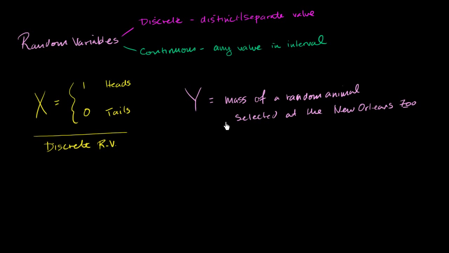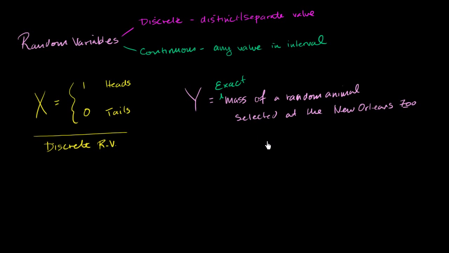The Audubon Zoo. Y is the mass of a random animal selected at the New Orleans Zoo. Is this a discrete random variable or a continuous random variable? Well, the exact mass, and I should probably put that qualifier here. I'll even add it here just to make it really, really clear. The exact mass of a random animal or a random object in our universe can take on any of a whole set of values.